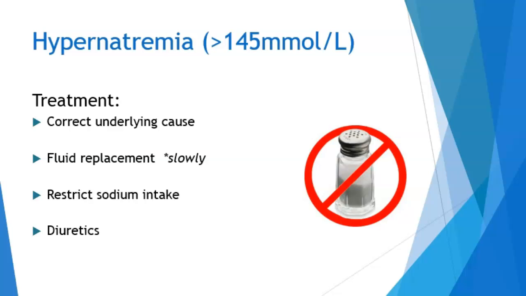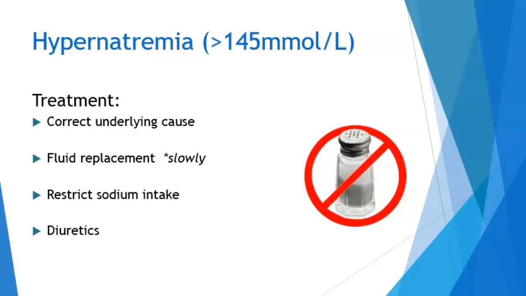So if the primary cause was from water loss, then it would be a fluid replacement, either IV or PO. If it was IV, it would be an isotonic solution. And again, because we're changing those cells, the fluid inside the cell, we would want to do it slowly so that we don't aggravate their confusion.